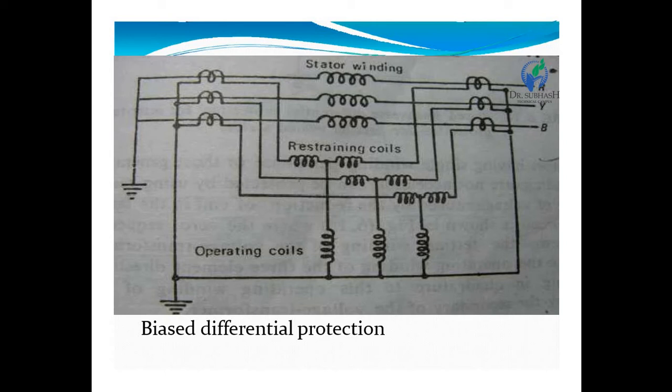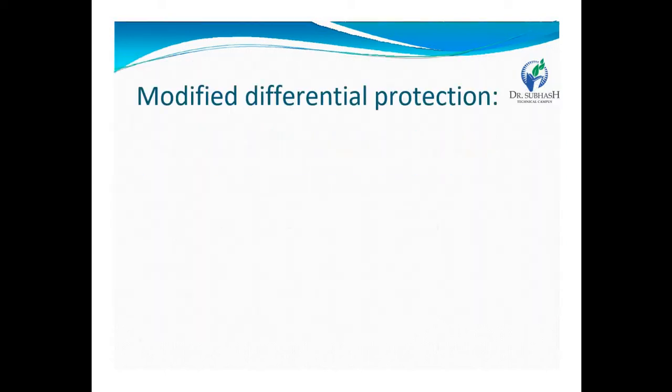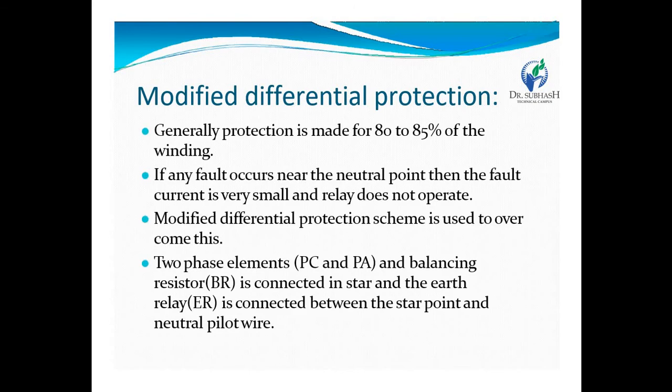We have discussed biased differential protection in the transformer scheme. Now, modified differential protection. Generally protection is made for 80 to 85% of the winding, which will cover most of the winding, but somehow 15% or 10% of the winding is unprotected.